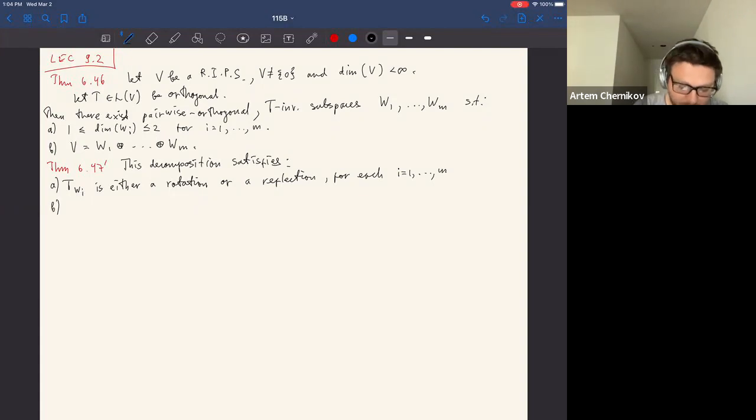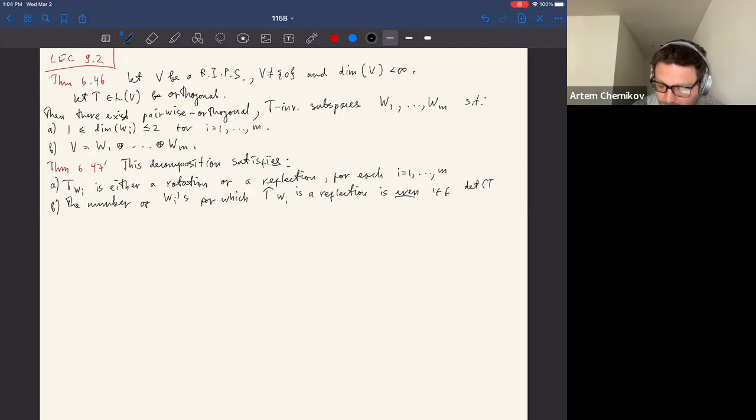Next, we have that the number of the subspaces Wi for which the restriction T restricted to Wi is a reflection is even if and only if the determinant of the operator T is equal to 1, and odd if and only if the determinant of T is equal to -1. So we have these two possibilities.